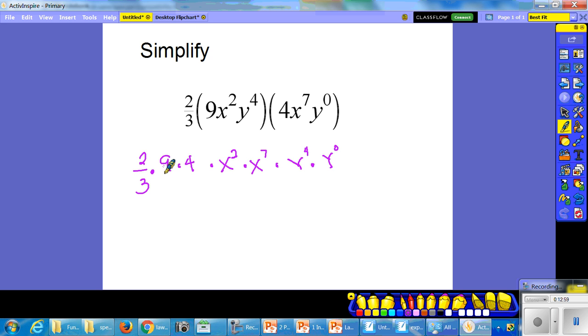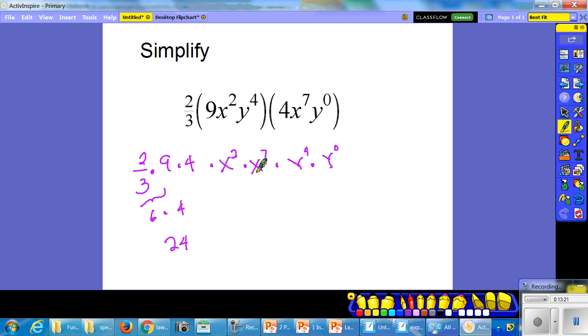So 2/3 times 9, it's just equal to 6. We can just divide 9 by 3, and then that's 3. 3 times 2, so this will just be equal to 6. Then times 4. 6 times 4 here is 24.